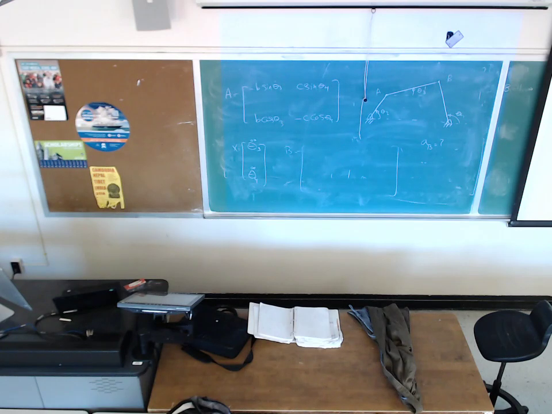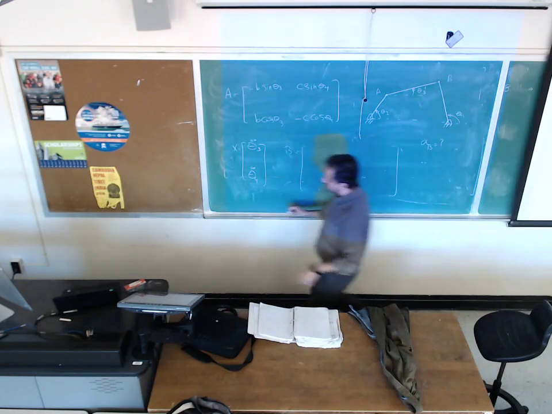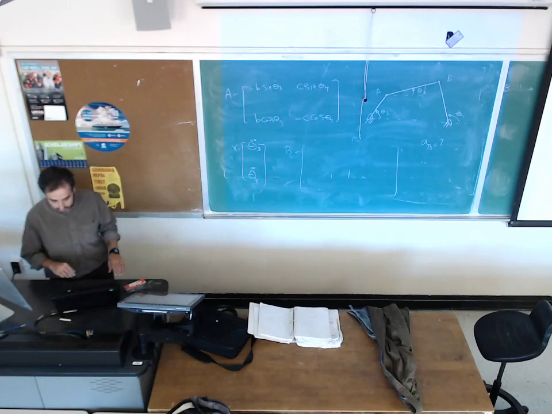C is now given. Theta double dot 4 is coming from acceleration analysis. Theta 4 is coming from displacement analysis. Theta dot 4 is coming from velocity analysis, and these two coming from velocity and displacement. So you have X component and Y component of acceleration of point B.